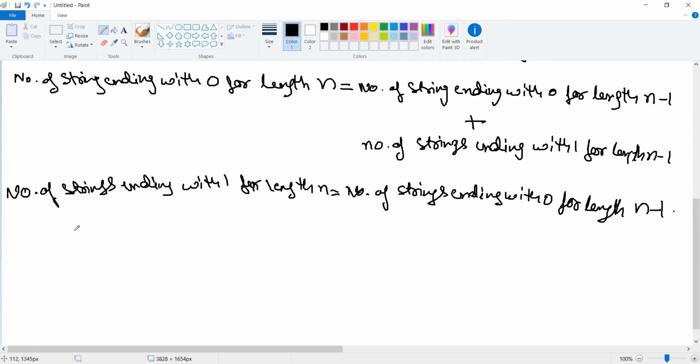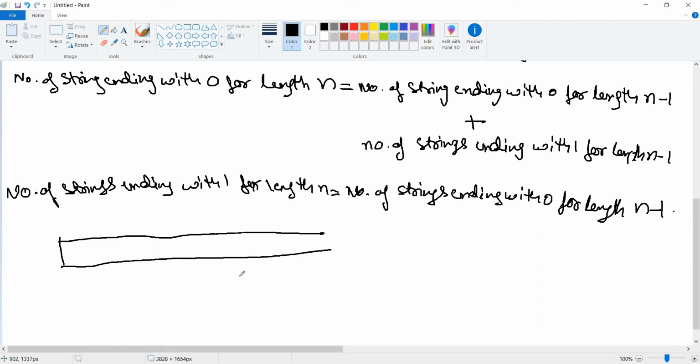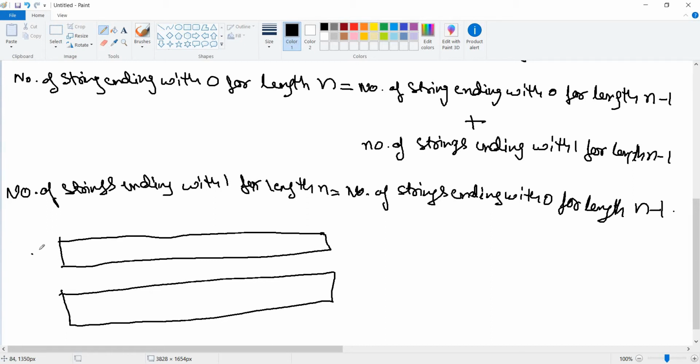So now what we'll do, as in every DP problem, we'll make two tables. One will keep the record of the number of strings ending with zeros. The other one will keep the record of the number of strings ending with ones. Simple. Now this index will represent the length of the string.